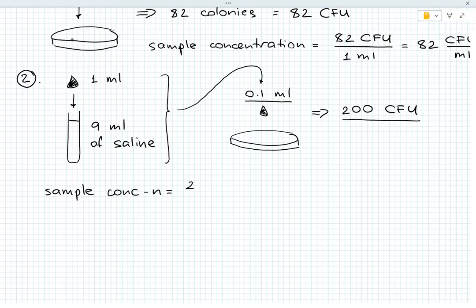So we can write down that 200 colony forming units were found to be in 0.1 milliliter of the dilution. How did I get 200? It's right there in the notes. Second problem. Okay? Go on.